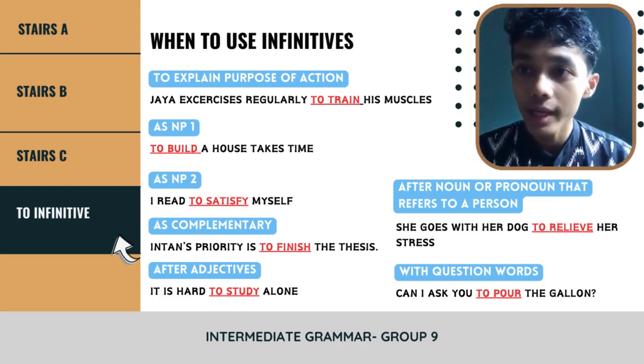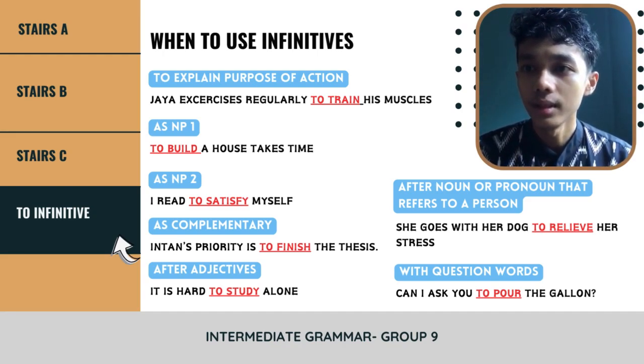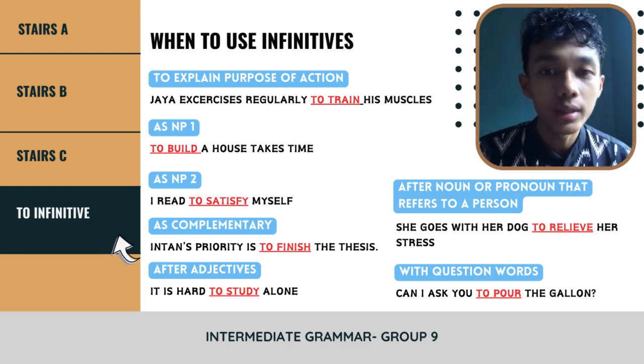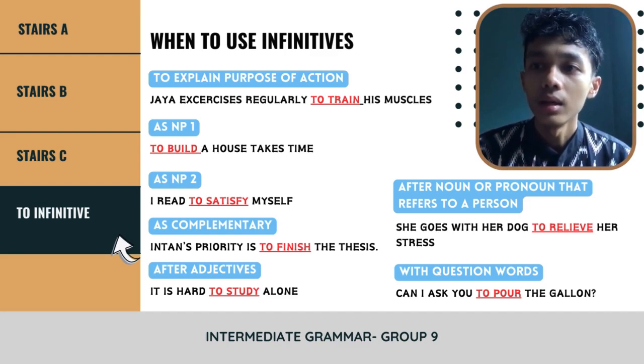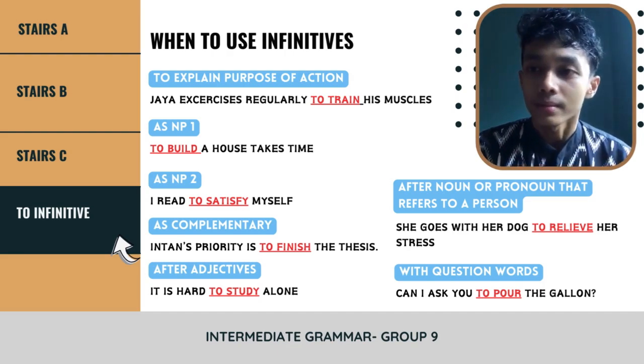And then infinitives as complement, you can see in the example, Intan's priority is to finish the thesis. So it is put next to a copula, usually in the nominal sentence. You could see the to finish is next to is, which is the copula.